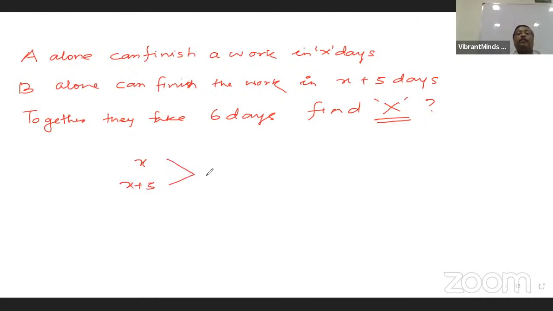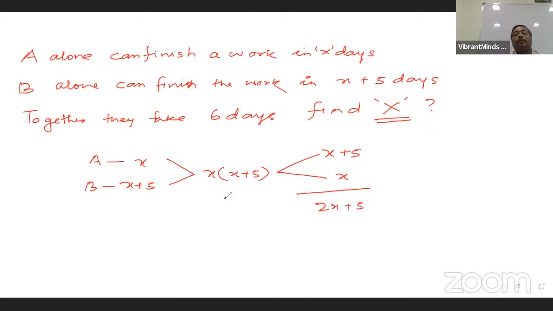So again, the LCM of x and x plus 5 will be x into x plus 5. So how many units? A will do x plus 5 units, and B will do x units per day. Combined units is 2x plus 5. So understand, x into x plus 5 divided by 2x plus 5 will give me 6 days.